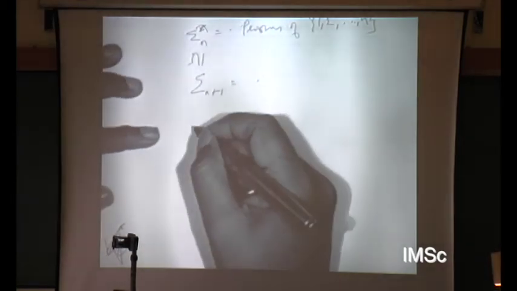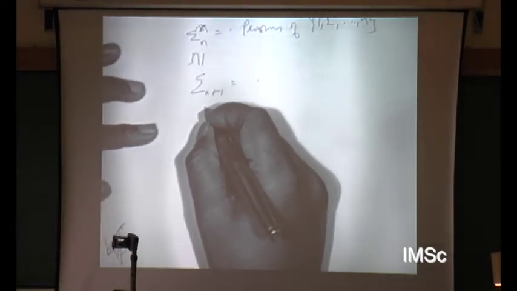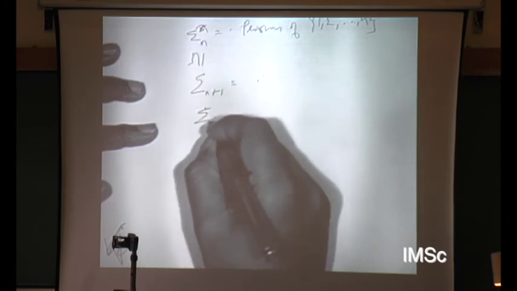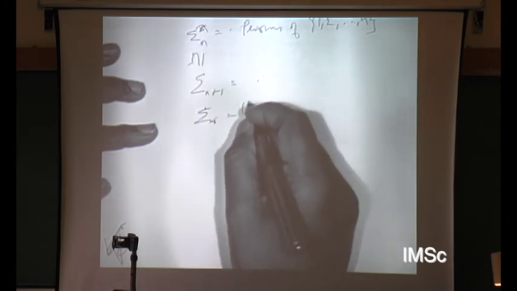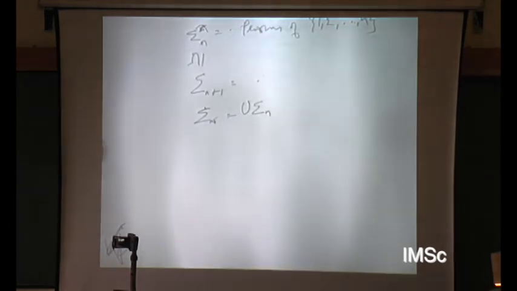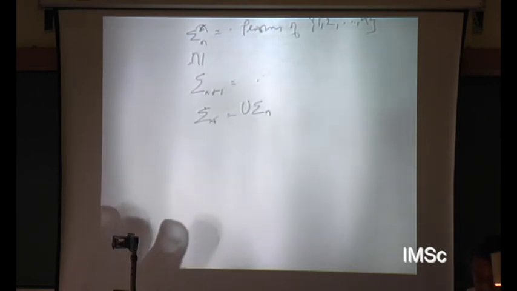So let us take the union. Let me call this sigma infinity. So what is this? This is all those permutations of the positive integers with the property that they move only finitely many integers. After some stage, they just fix all the integers.